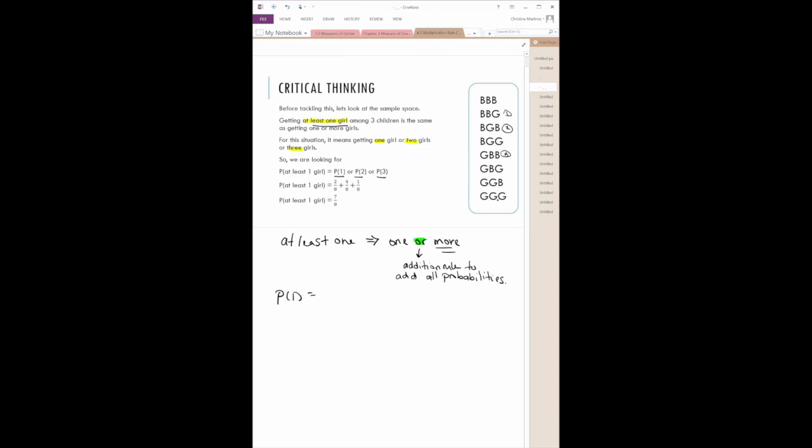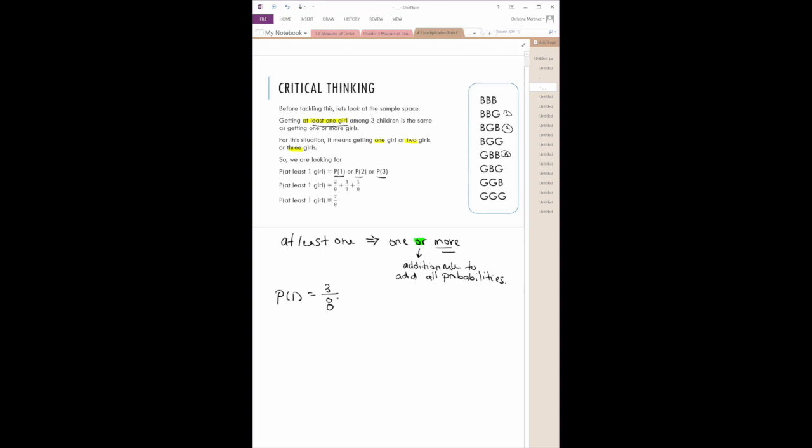So for this one, there are 3 cases of getting the one girl. So our probability to get the one girl is the total number divided by the sample outcomes here, which is 8. Okay.